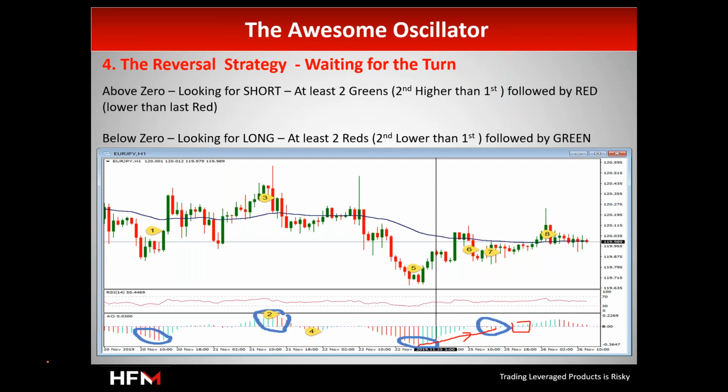I think we have already covered a bit of that, but that's just giving you an idea of what kind of more advanced signals the Awesome Oscillator is giving you. So over here we had seen the Awesome Oscillator was below zero, so that's a bearish momentum. Indeed the price was also moving lower.